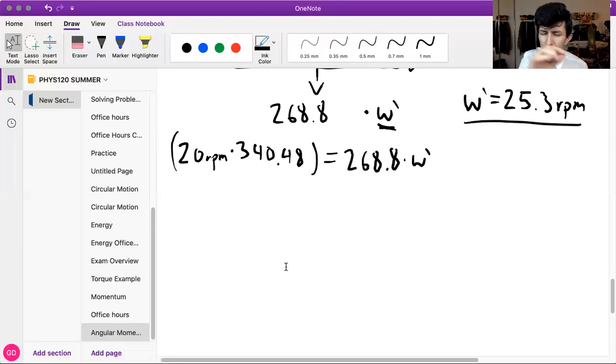So we already know how to go from linear to angular ideas: from position or displacement to angle, from velocity to angular velocity, and from acceleration to angular acceleration.